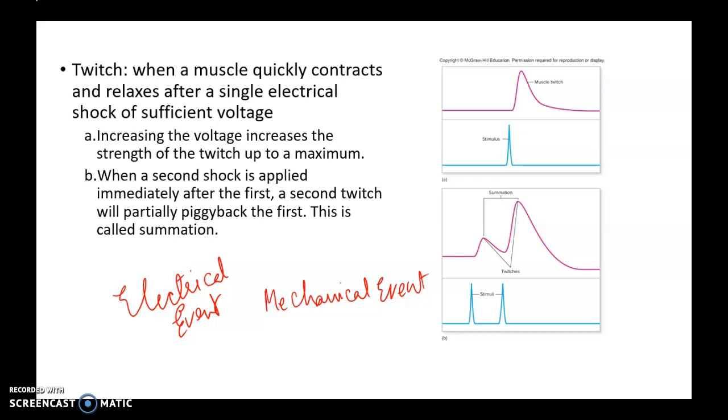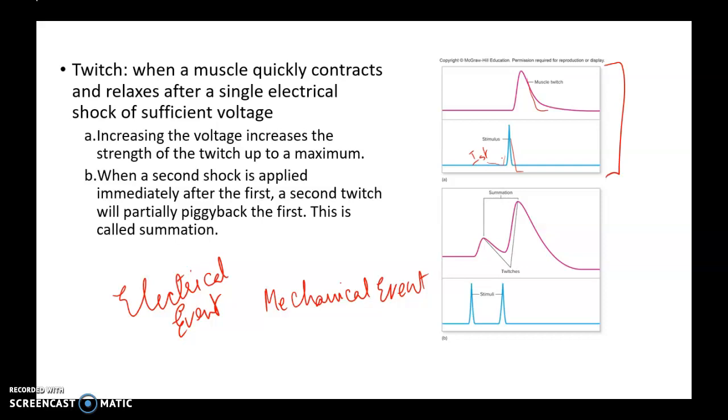If you notice carefully on the top panel, you see that the stimulus occurs first, right? We have the stimulus and then later we have the muscle twitch. Therefore, what do we see here? We see the electrical event first and the mechanical event follows the electrical stimulus, right? Very important concept.